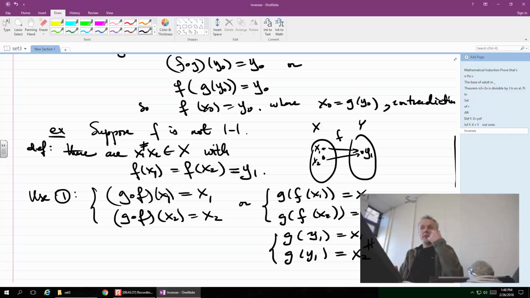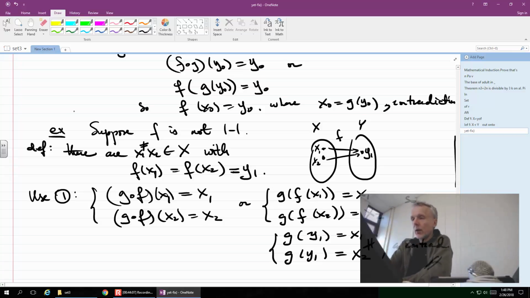By assumption we picked two distinct x1, x2. So that means that g is not a function. That visualization should be very convincing if you do a few diagrams like that. But writing it out actually does not take a lot of work. So, another contradiction.